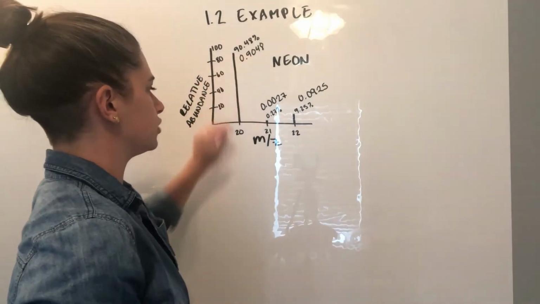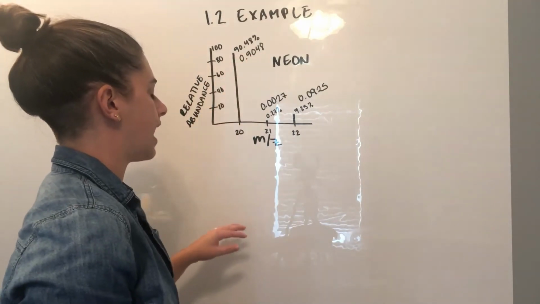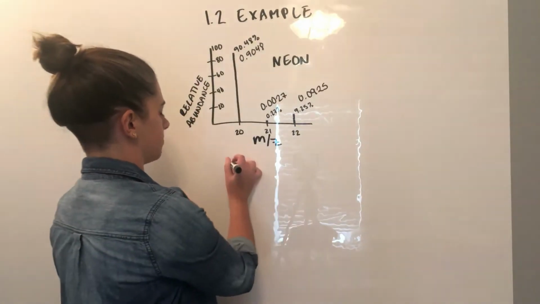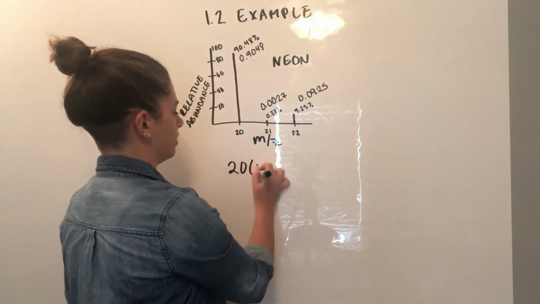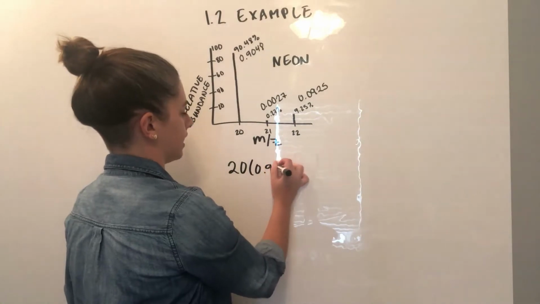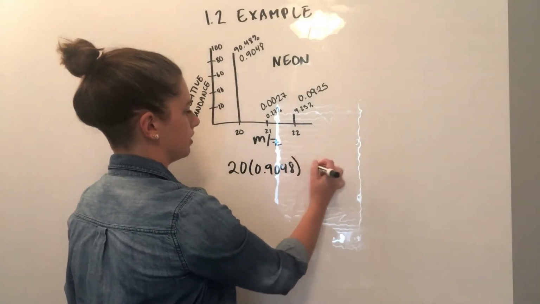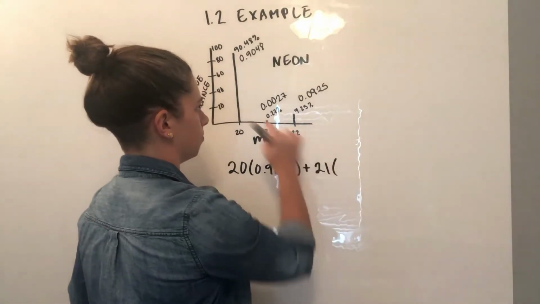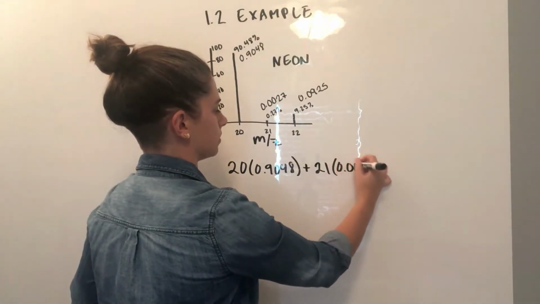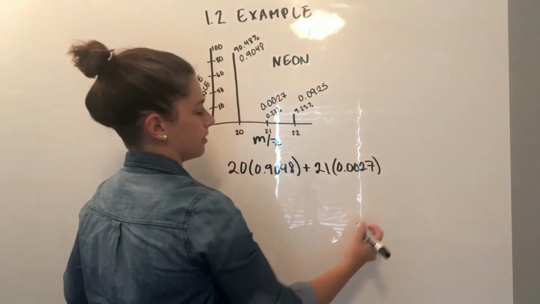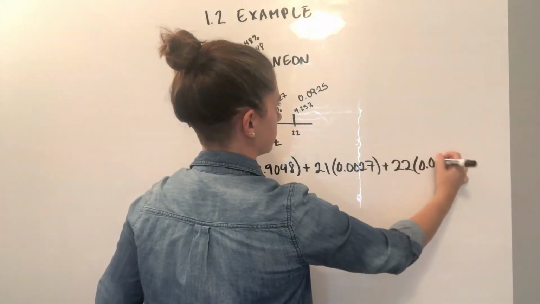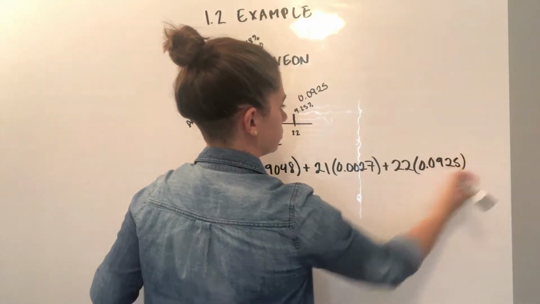And we're going to take each of those masses and multiply it by our percent that's already been divided by 100. So I'm going to take my mass of 20, multiply it by 0.9048, and then add to that my mass of 21 multiplied by 0.0027, and then add to that my mass of 22 multiplied by 0.0925.